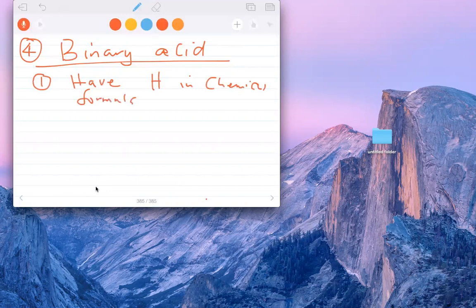And two, it must be aqueous, AQ in the physical state. And from the word binary, it must have two elements.